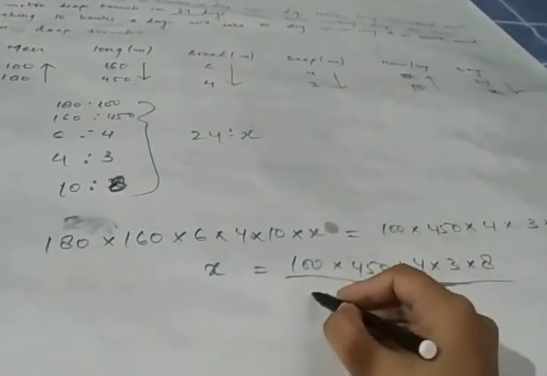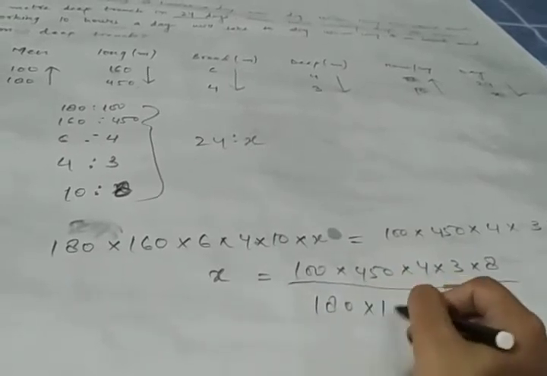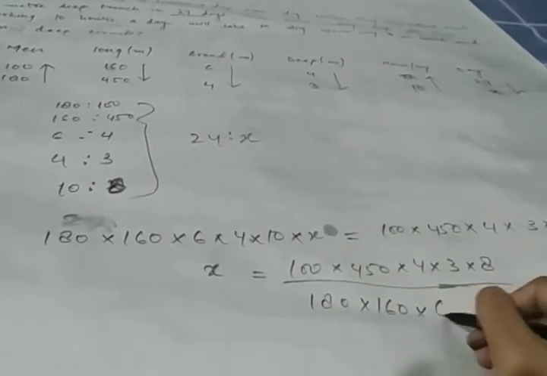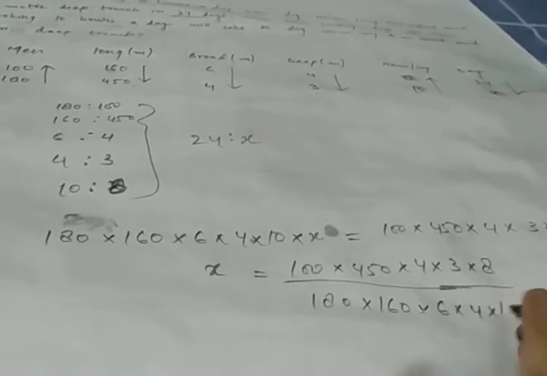Writing all the terms in division form: 180, 160, 6, 4 and 10. Cut it.